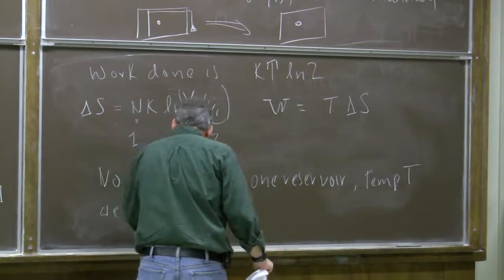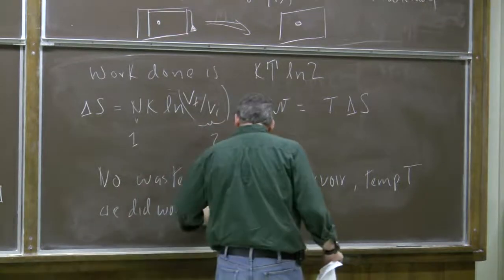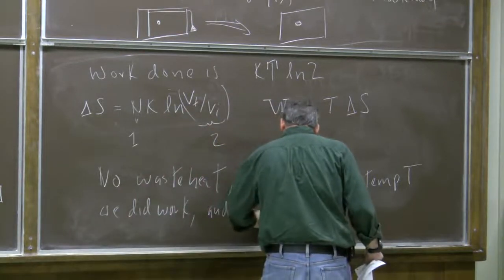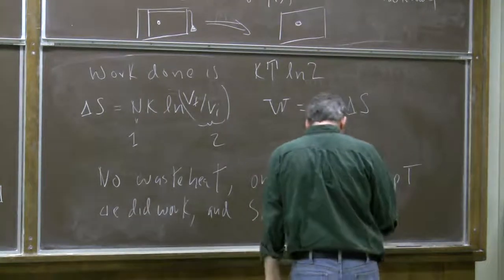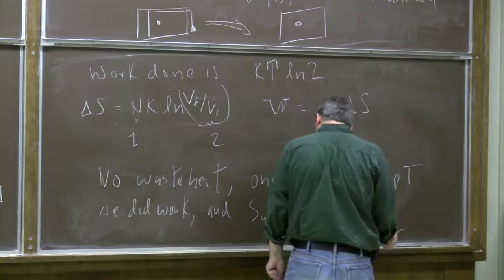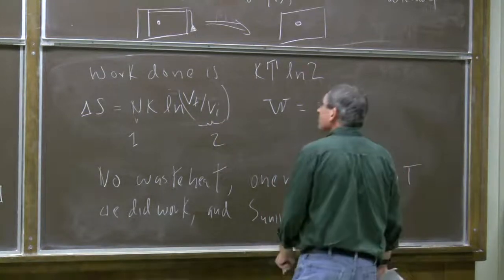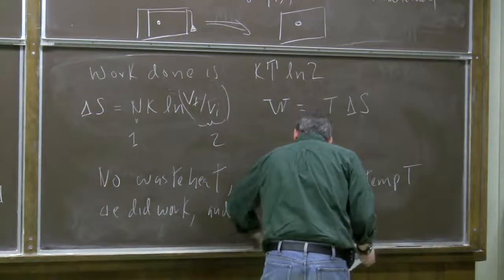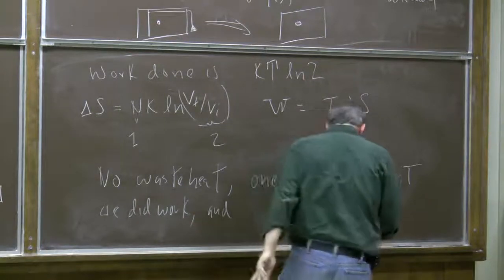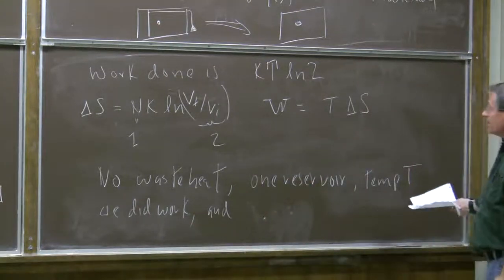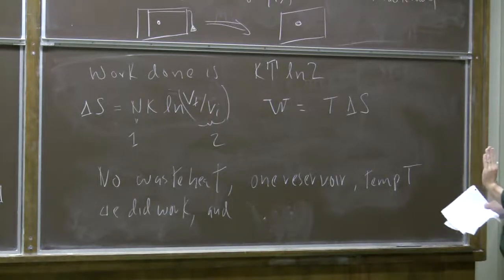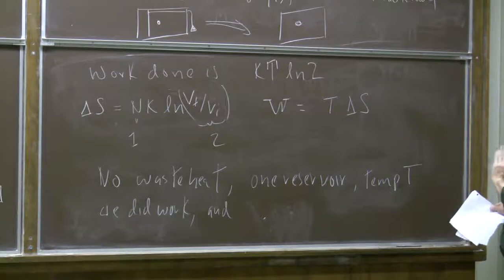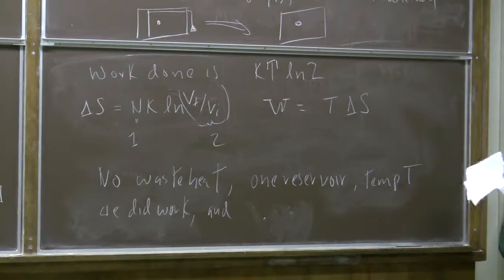We did work, and the entropy of the whole world... don't forget about the entropy of the whole world. The number of states of the gas expanded by a factor of 2, so the entropy of the gas increased. And that increase in entropy we were able to use to do useful work without any waste heat, and that violates the second law. Right?